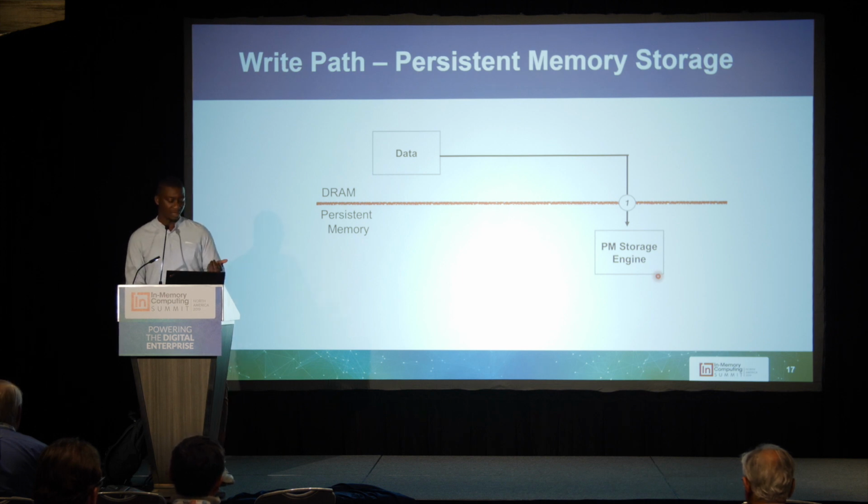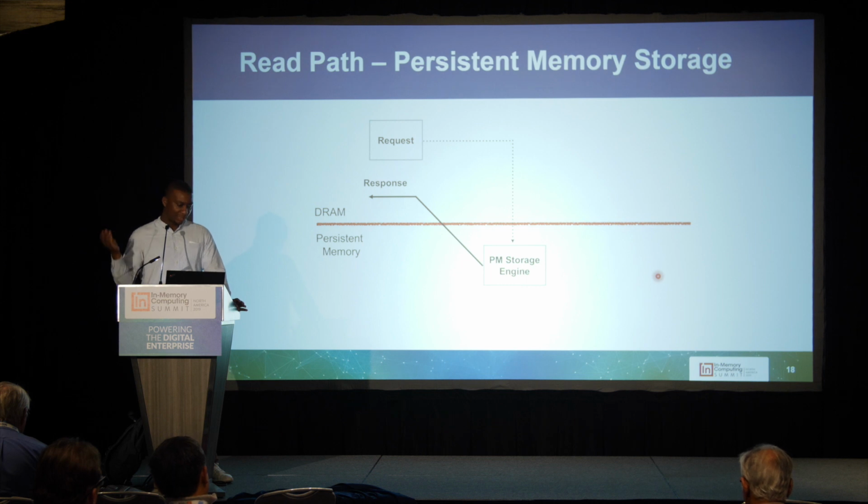I'll explain what that means in a few slides, but there's no need for a write-ahead log anymore because, yes, your disk was persistent before, but now you can have transactional writes that are also fail-safe. And the read path is the exact same. You just query the storage engine, and you get your response from this engine.